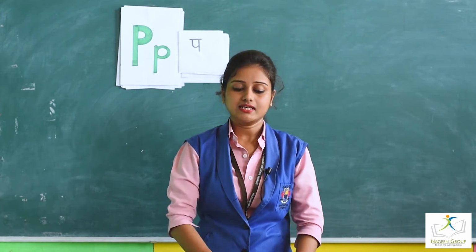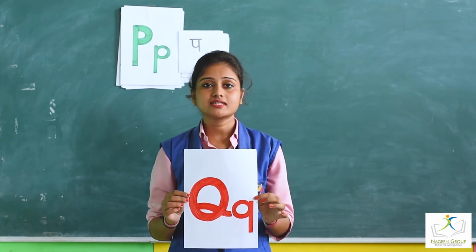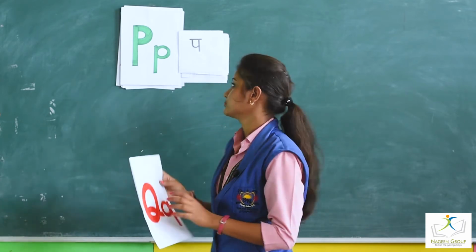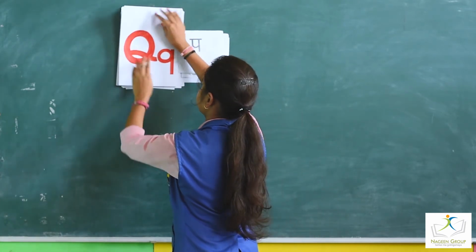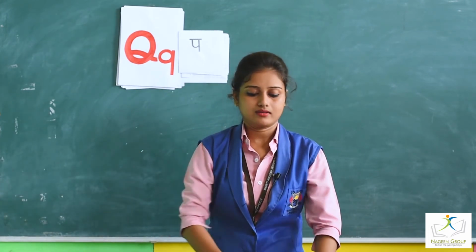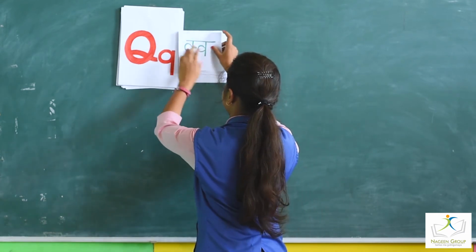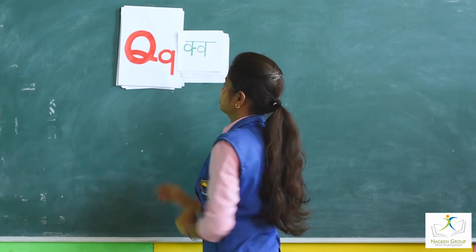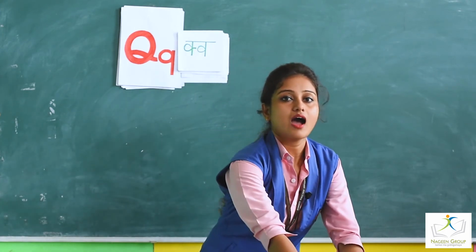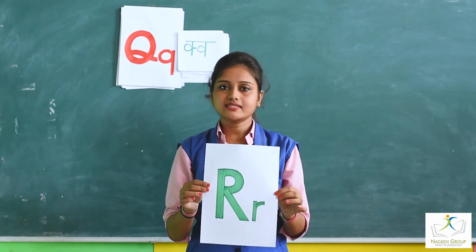Next letter is letter Q. What is this? Letter Q. The sound of letter Q is qua, qua, as in quill. Next letter is letter R. What is this?